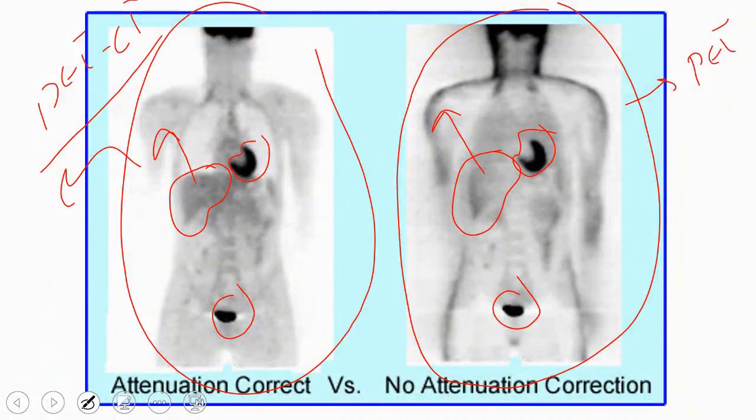Why? What happened? I am taking a low-density whole-body CT scan, low dose. I don't need a diagnostic image. I just need an image that tells me how much attenuation each pixel in your image has and how many gamma photons it received. Then you perform the correction. If this pixel received few photons, it means there is attenuation.